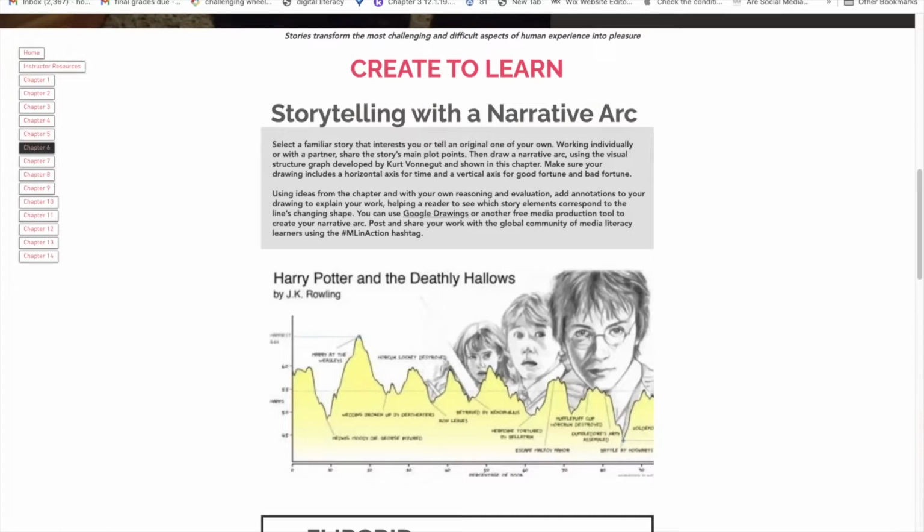So it turns out that students, when they start to plot out the stories that they enjoy or find compelling, maybe something they've seen in the Marvel universe or in some other movie or TV show or video game, begin to understand how story structures shape the way we as viewers and readers and players respond to the work.